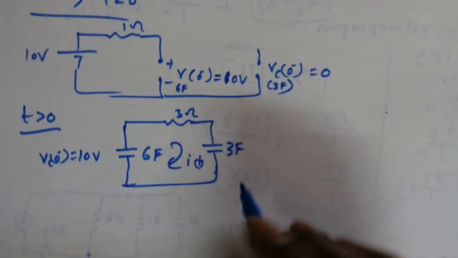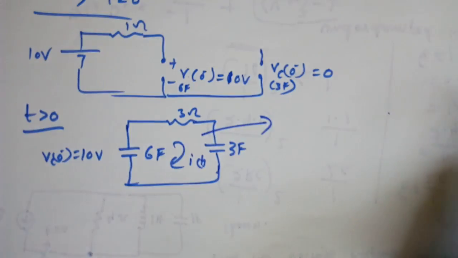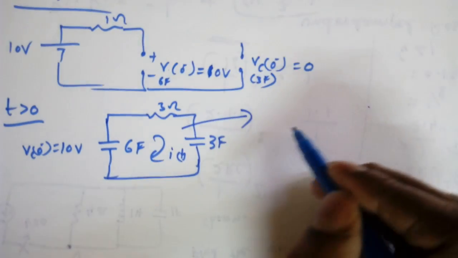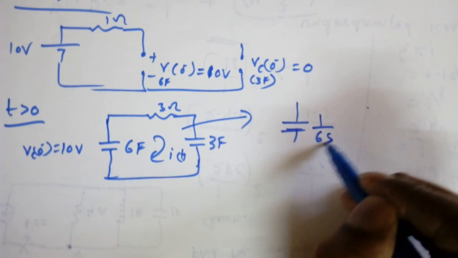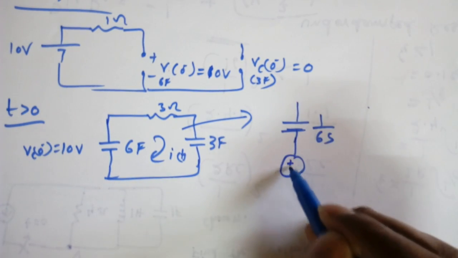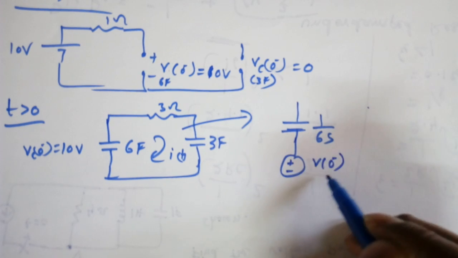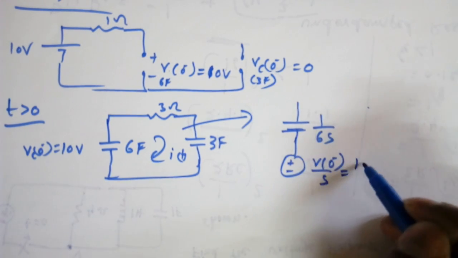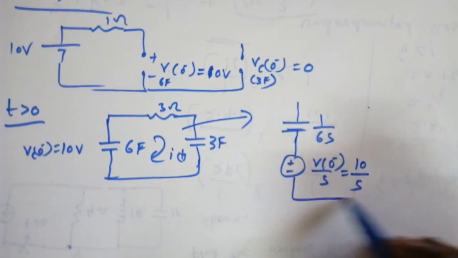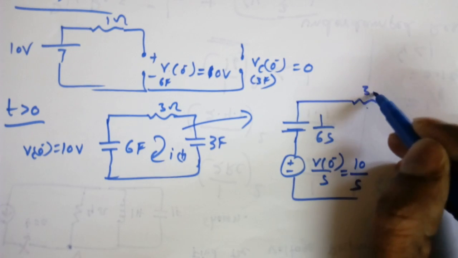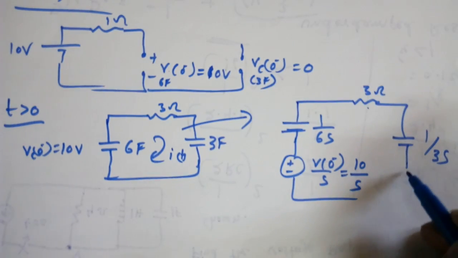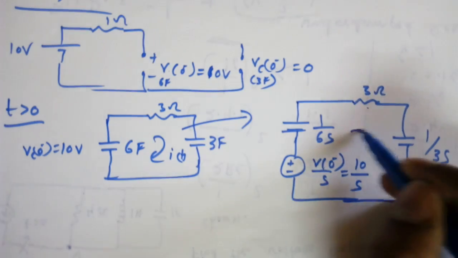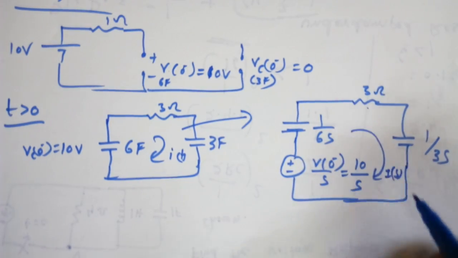Now this will be transformed into the S domain, so that is 1 by Cs, that is 1 by 6s, and there is a voltage source V of 0 minus by S, which is 10 by S. Then this is 3 ohms, and it is 1 by 3s. There is no voltage, so it will become a short circuit. Now we will find I of S.